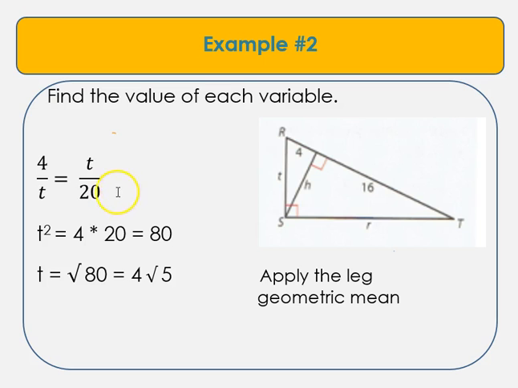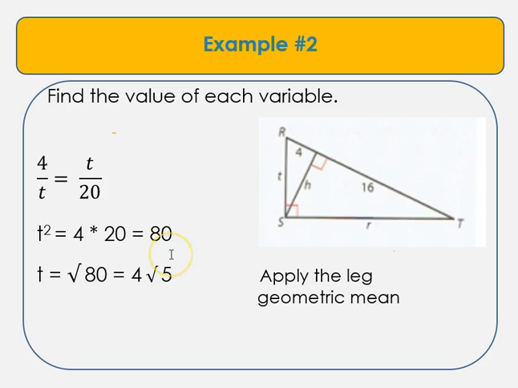So let me say that again. 4 is the short leg to the hypotenuse of the smaller triangle, and then we're going to compare it to the short leg of the larger triangle to the hypotenuse of the larger triangle. So you should put that in your notes. And t times t is t squared equals 4 times 20, which is 80. T equals the square root of 80, which is 4 square root of 5.